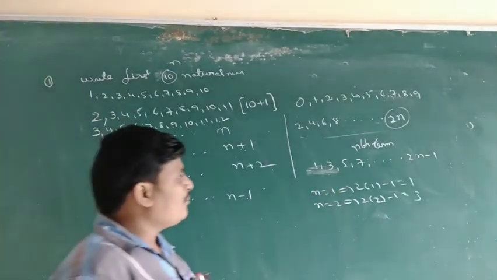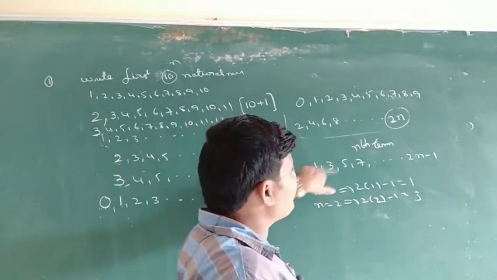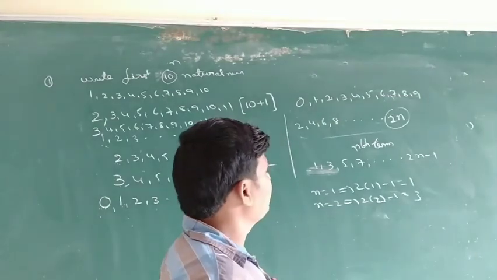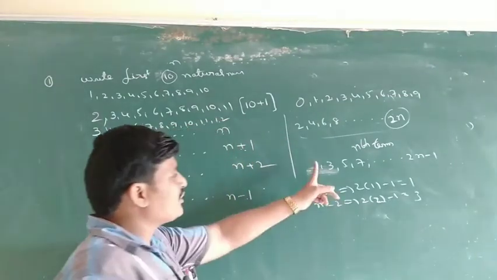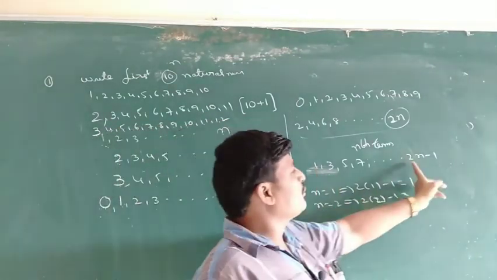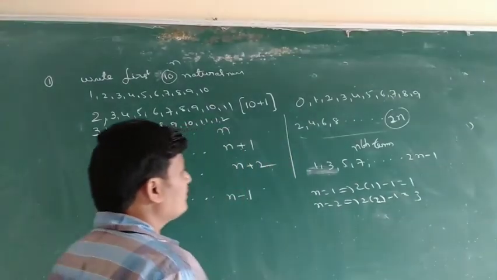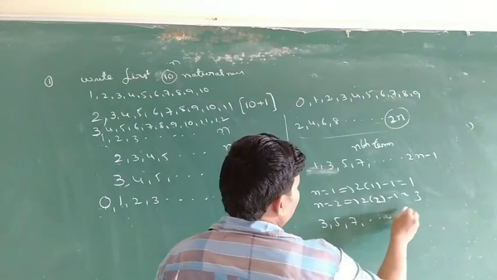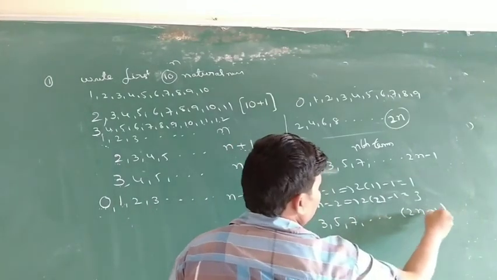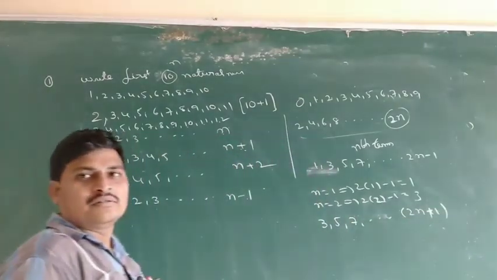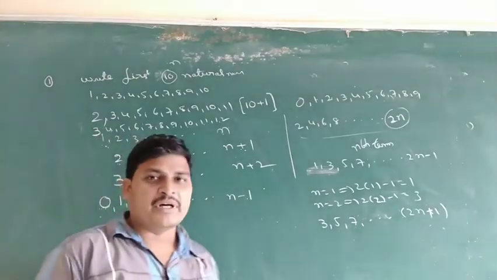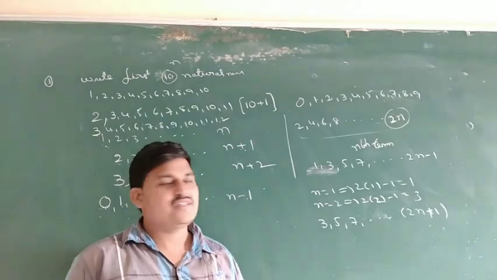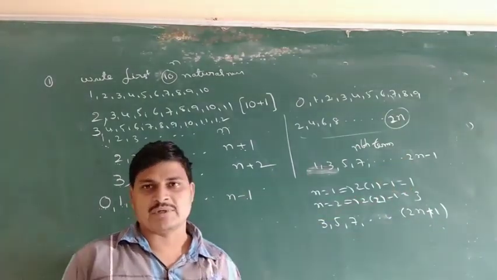Okay, the odd numbers starting with 1 mean the nth term is 2n minus 1.